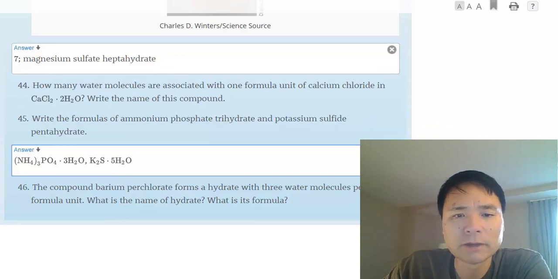Okay, the compound barium perchlorate forms a hydrate with 3 water molecules per formula unit. What is the name of the hydrate? So barium perchlorate trihydrate would be the name.